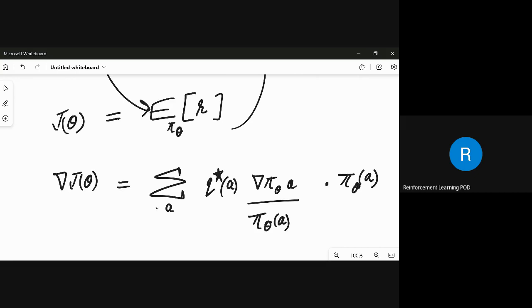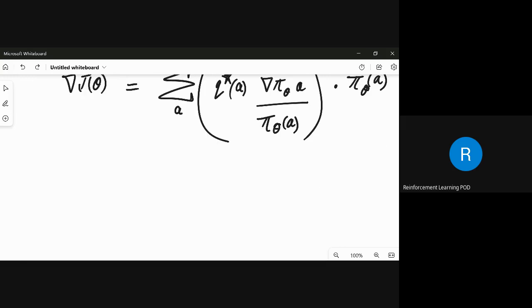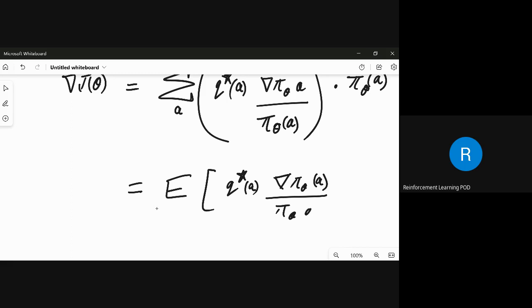Now think about this. This quantity sums up to 1 over all A, right? Now, if I want to estimate this thing with a number of samples, I can do it because I can write it like this: expectation of Q star A over pi theta A, under pi theta A, right?